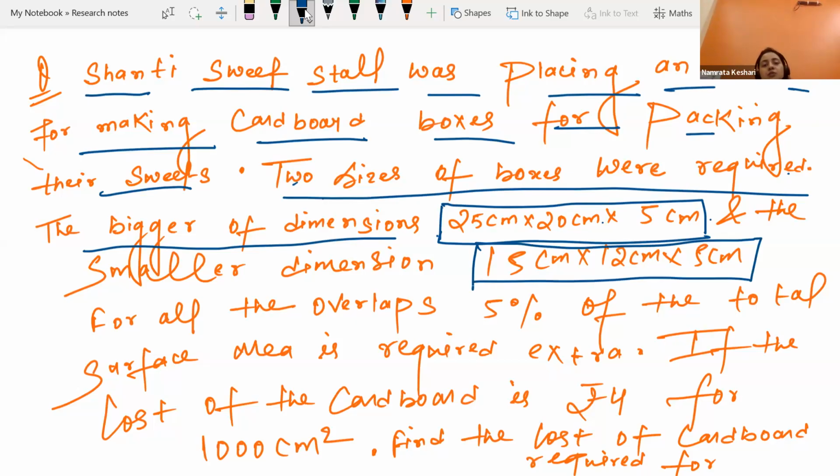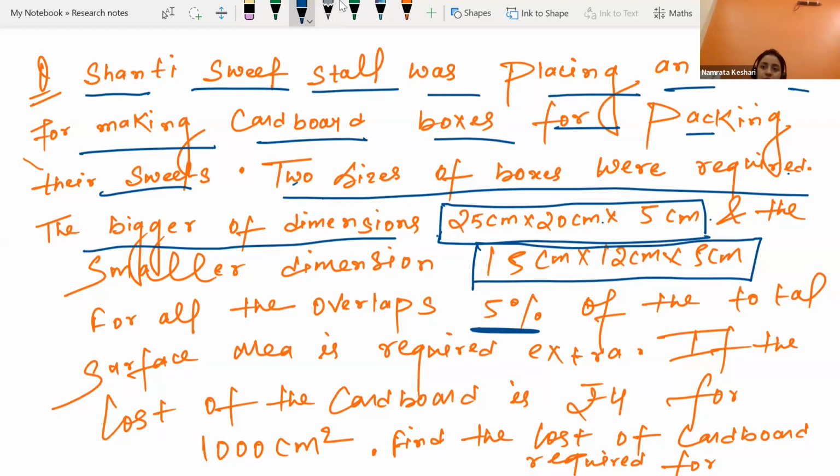Cuboid shaped sweet boxes we are having. For all the overlap, 5% of the total surface area is required extra. You can understand overlap means whenever you must have opened the cake box or the sweet box, you must have seen the overlap, right?